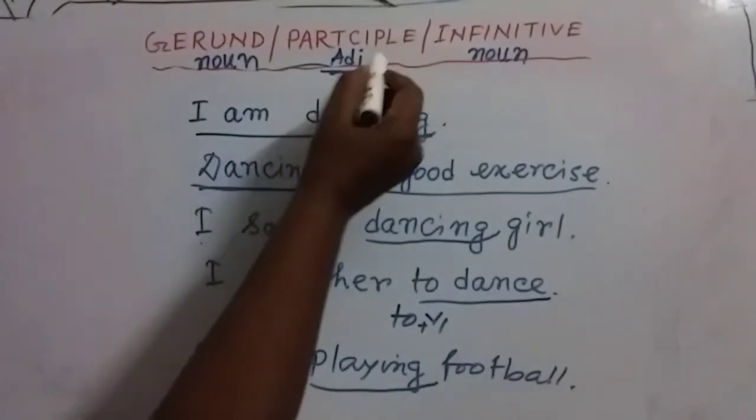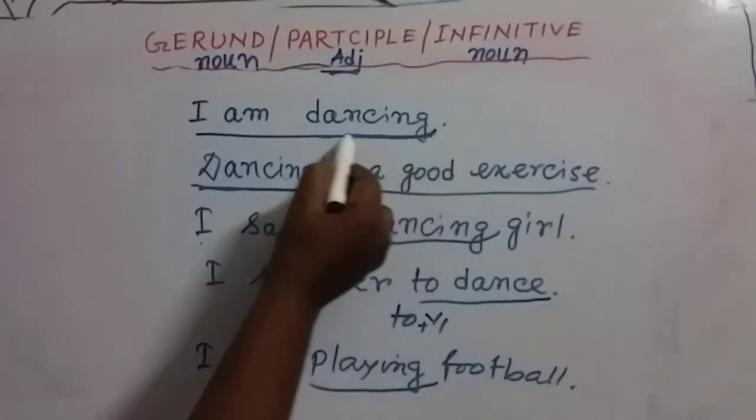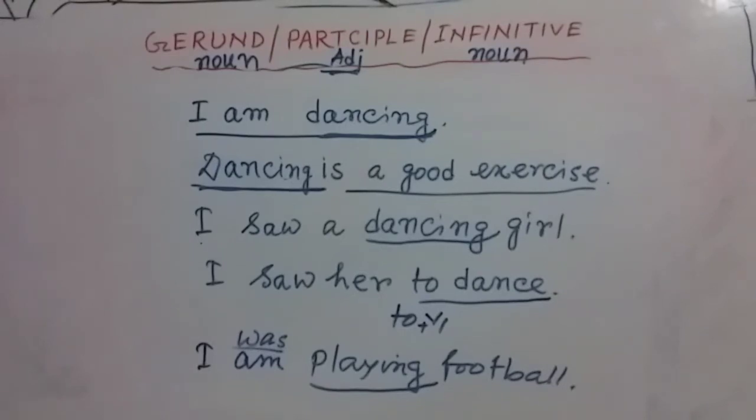And whenever this participle acts as adjective, it is called participle. But whenever this term is used as verb in continuous tense, maybe present continuous, maybe past continuous, maybe future continuous, in these three tenses we use this participle form.